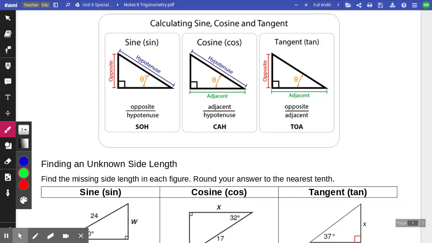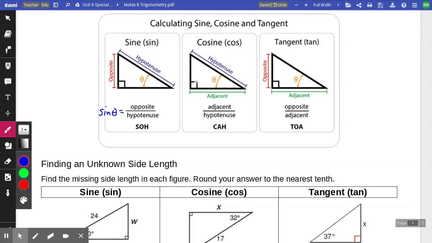And so if we want to talk about what's called the sine of this angle here, we would use a ratio of the side that is opposite to that angle, so the side that doesn't touch that angle, and the hypotenuse. And that relationship is shown with, we put sine of theta equals the opposite side over the hypotenuse. So we set up a fraction over here, a ratio of those two sides.